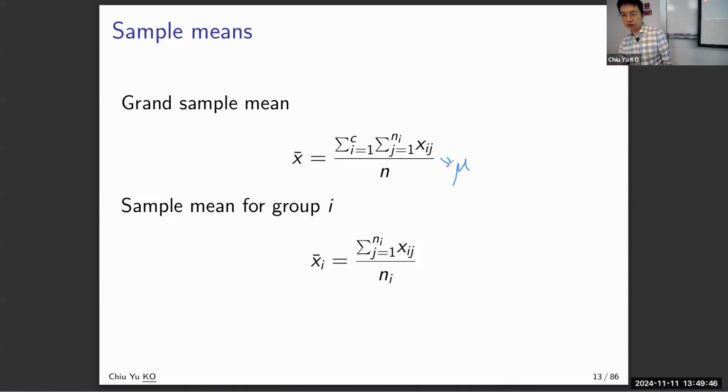If you want to guess what mu is, this is the one. And if you want to guess mu i, simply look at group number i, add up all the observations, divided by how many of them. That's how we do it. This is the unbiased estimate of mu i. Just add up all the observations in group i. That's the notation.